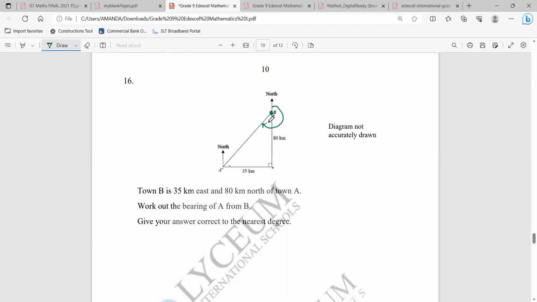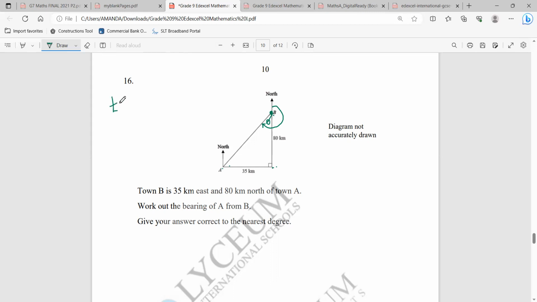Let me say the angle is theta. We have to take opposite and adjacent, so the tan ratio is going to be used here.